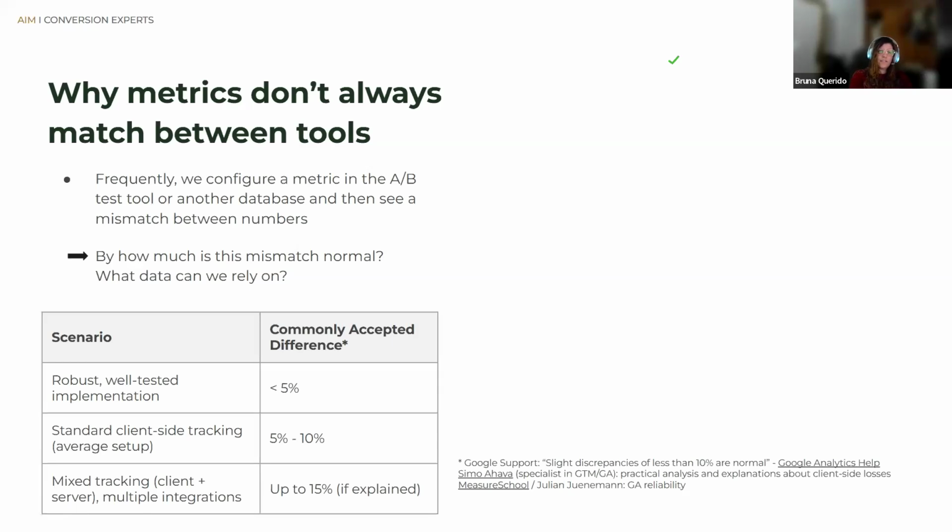The second scenario is the most common one, that is 5 to 10%, which is the standard client-side tracking. And the third one is if you have multiple integrations or mixed tracking between your client and other platforms and services, you can reach up to 15%.